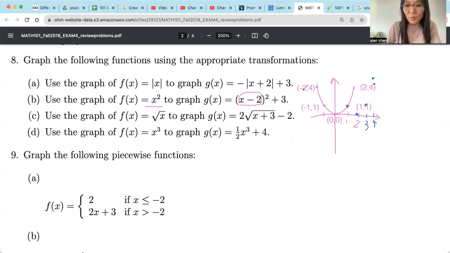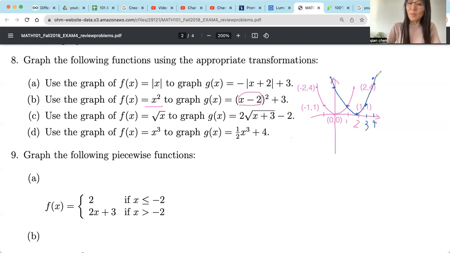Then -2 plus 2, that's 0. (0, 4), have this point. So you know what, my increment is so bad, so the graph won't look so good.